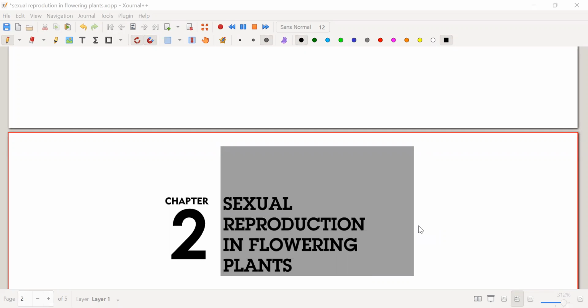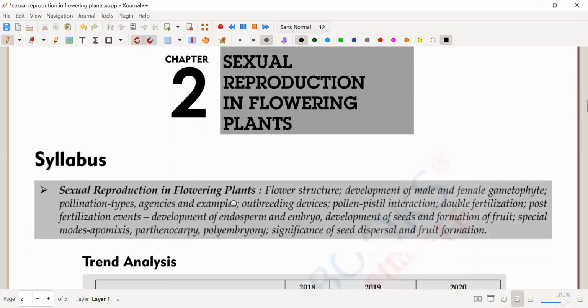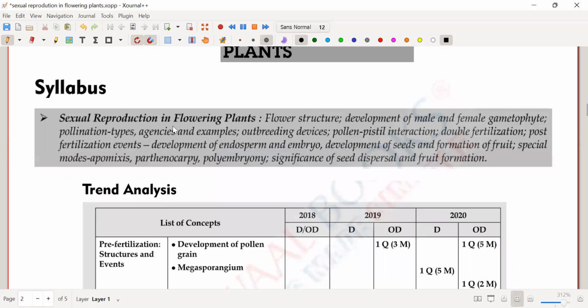When we consider sexual reproduction in flowering plants, the major important part of this flowering plant is flowers. First, what is sexual reproduction?